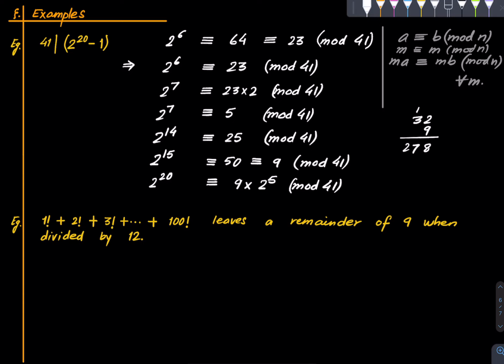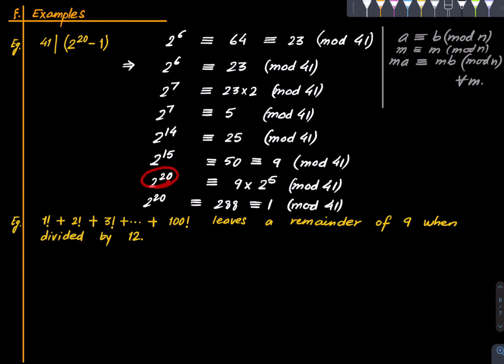And what is the remainder of 288 when you divide it by 41? So 41 times 7 is 287, and therefore this 288 is congruent to 1 modulo 41, right?